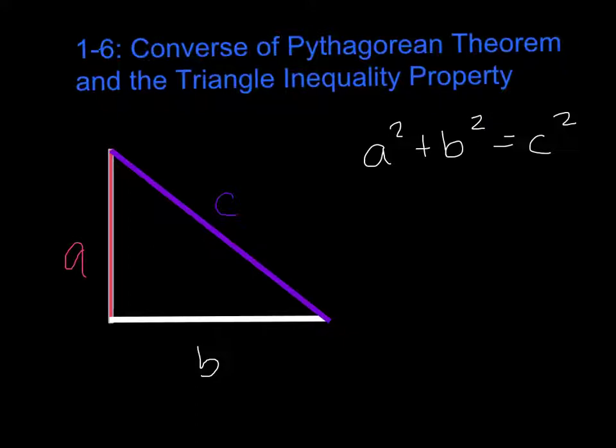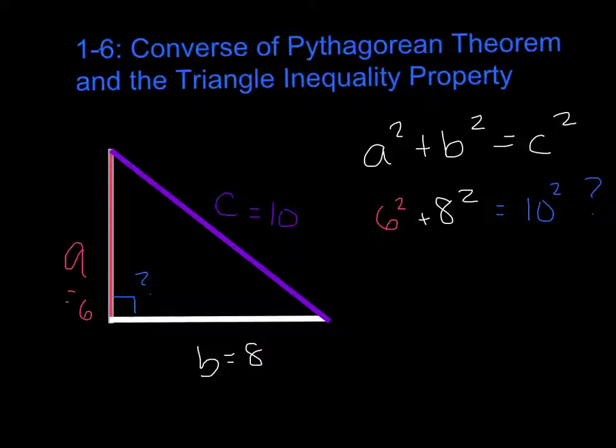So for example, a might equal 6, b might equal 8, and c might equal 10. What we do not know is whether or not this is a right triangle, so if this is a right angle. Using the converse of the Pythagorean theorem, we're just going to plug the sides in. So we're going to look at 6 squared plus 8 squared, and we want to know, does this really equal 10 squared?